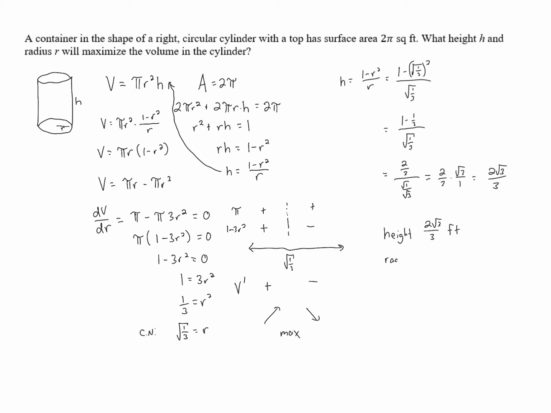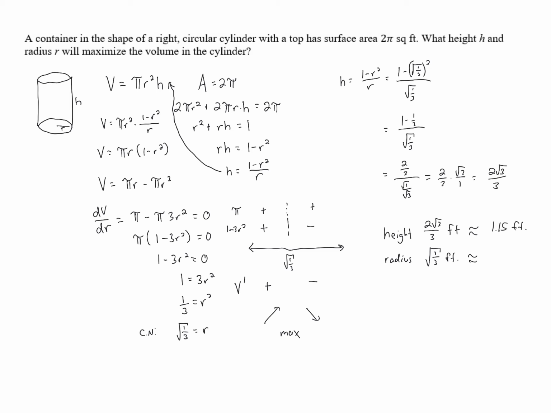And the radius is the square root of 1/3 feet. And I imagine you don't know exactly what that height and radius actually means. So we might want to get a decimal approximation for each of these. The decimal approximation for the height is about 1.15 feet.